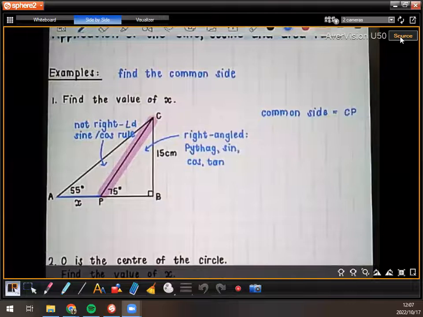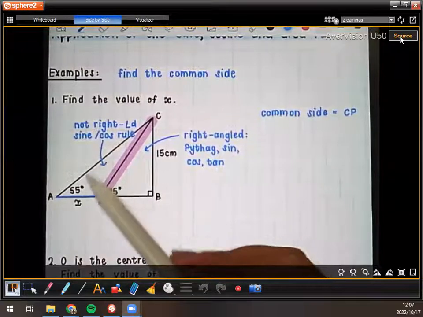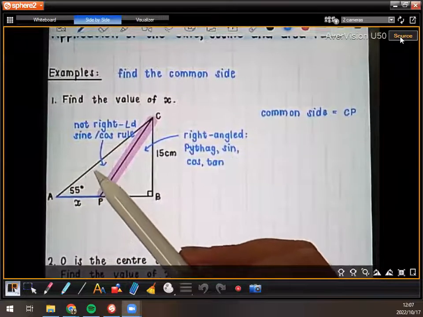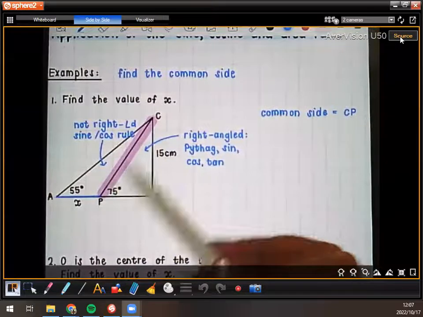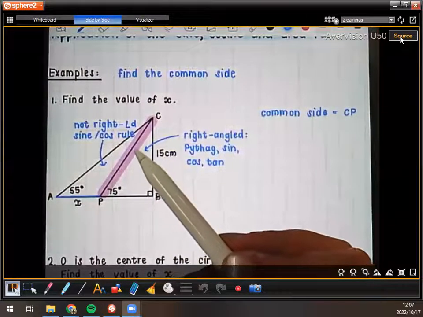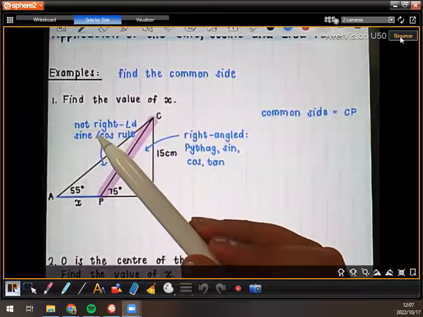So the first thing that we're going to try and find is how do we actually calculate the common side? If you're looking at this triangle on the outer side, the one that's not right angle, do I have enough information to calculate PC? I usually check for sine rule first. Remember, it's not a right angle triangle, so you can only use sine rule.